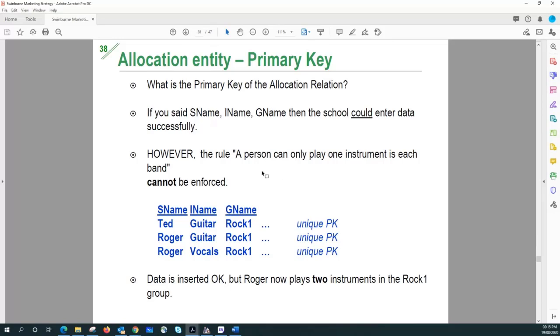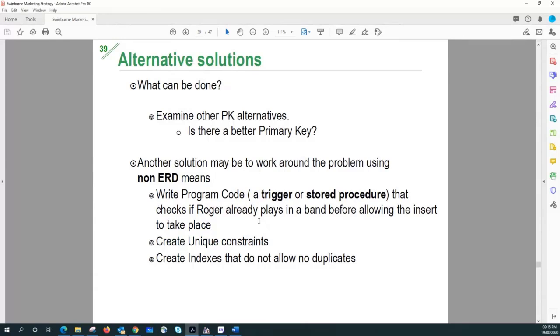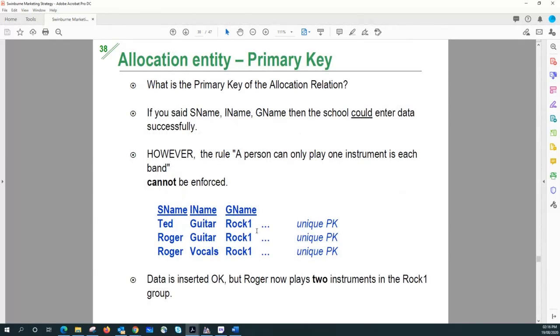How can I choose a primary key which best suits this particular business rule? So what I can do is a small thing. Rather than taking all three columns as a composite identifier, there are so many ways that I can implement it.